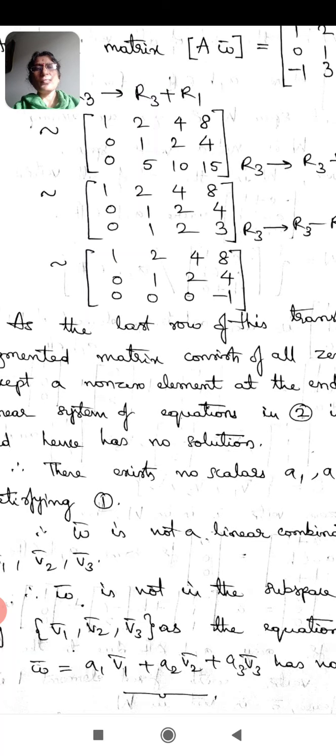So now we have come to the conclusion by our previous knowledge that as the last row of this transformed augmented matrix consists of all zero elements except a non-zero element at the end, the linear system of equations in equation number 2 is inconsistent, and hence it has no solution.